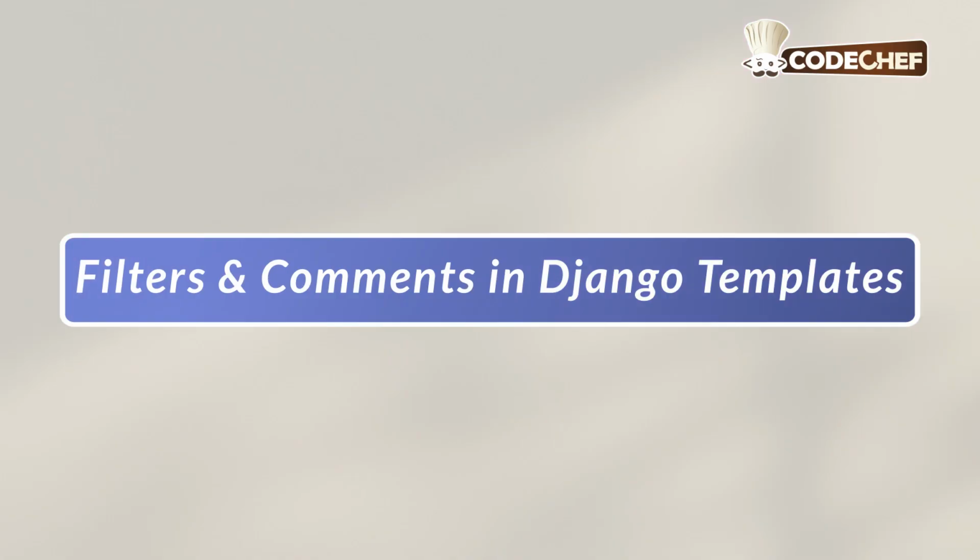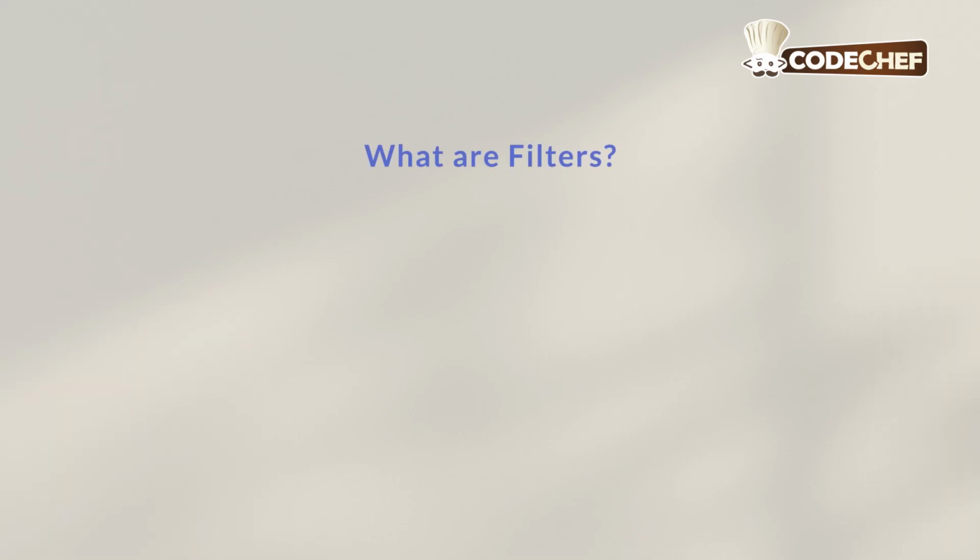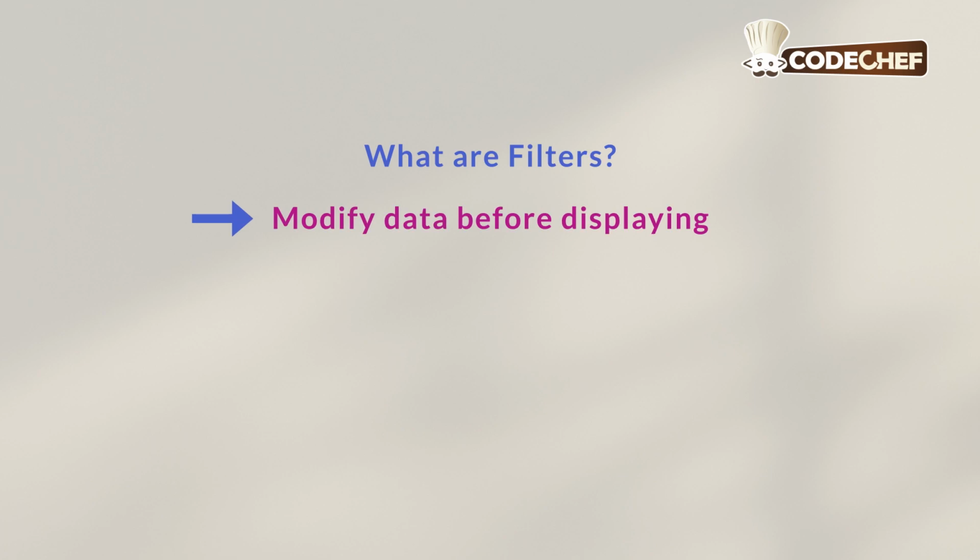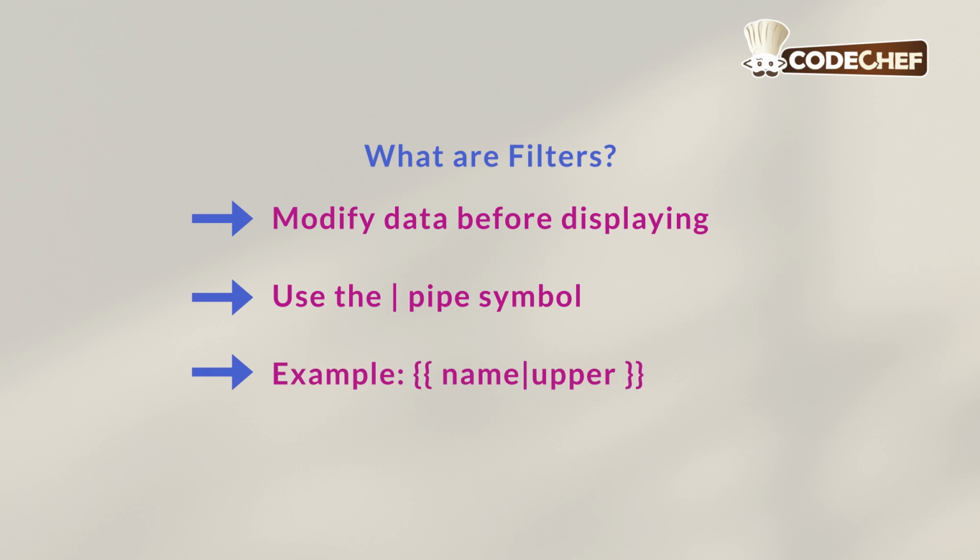Let's understand what filters and comments are in Django. These are important tools to format content and make templates easier to maintain. So what are filters? Filters let you transform variables. You just use the pipe operator. For example, you can see here we have name followed by the pipe operator and upper.